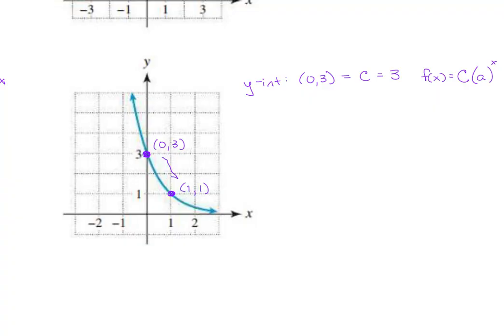So as we increase our x by 1, how do we get from 3 to 1? We are dividing by 3, which is the same thing as multiplying by 1/3. And so that is going to be my a value. a is equal to 1/3. So we can go ahead and plug these into our function, and we get c is 3, a is 1/3, and we have raised to the x.